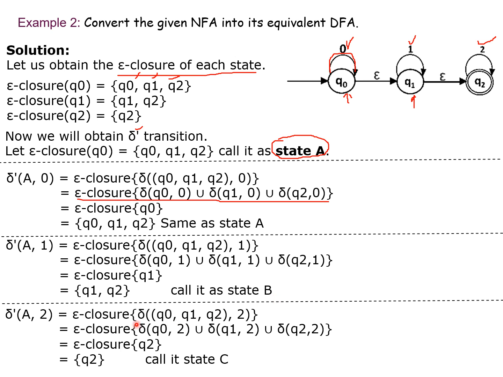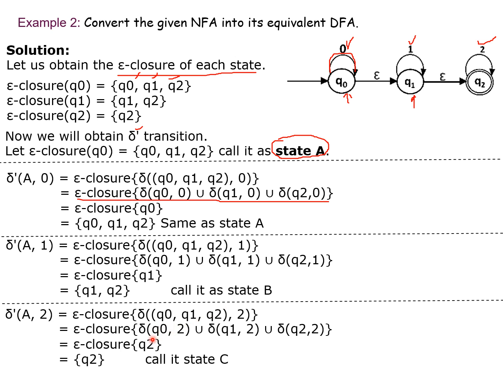0 is over, 1 is over, and 2 is there. Delta dash of A comma 2, where A represents Q0, Q1, Q2. Again split: Q0 on 2, union Q1 on 2, union Q2 on 2.